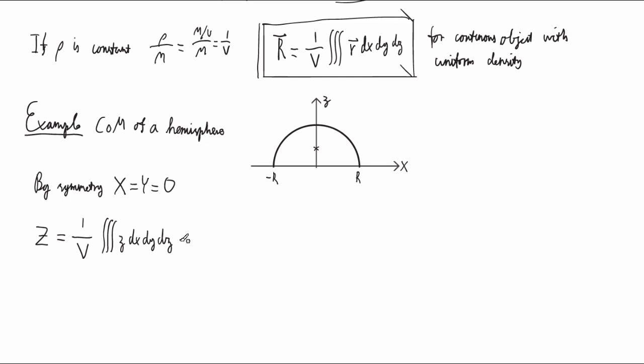And we'll rewrite this as 1 over V, and here we have dx dy, and then z dz. This quantity here within the parentheses is the area of a section of the hemisphere at height z.